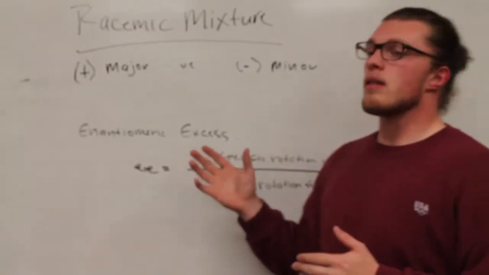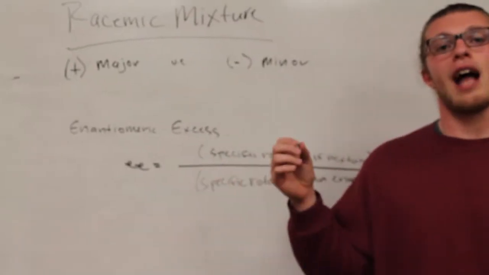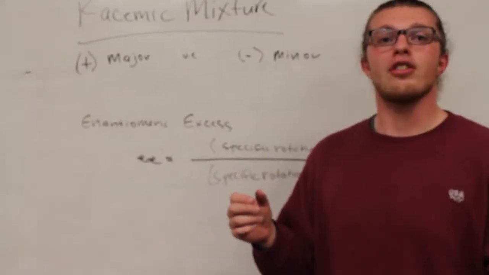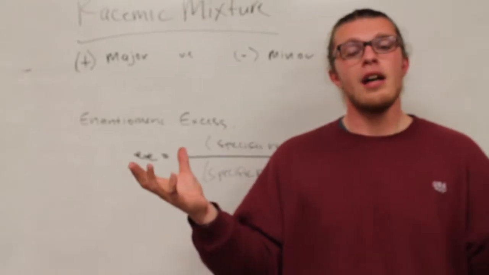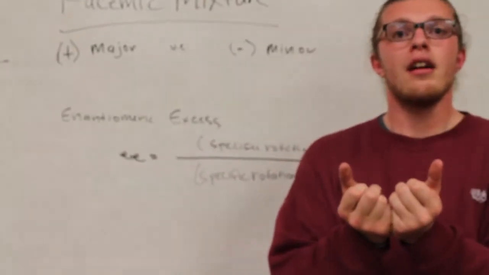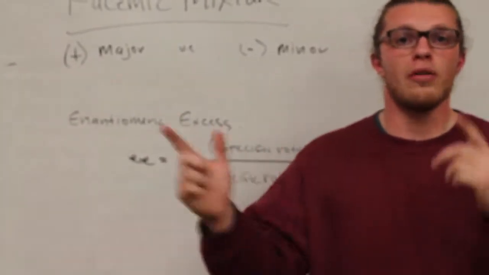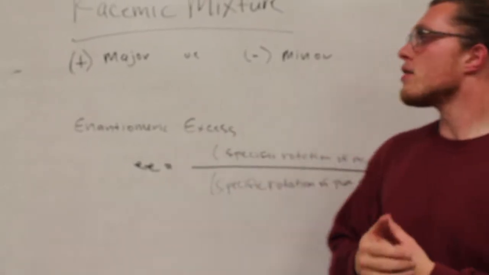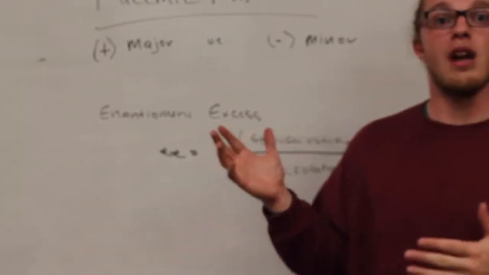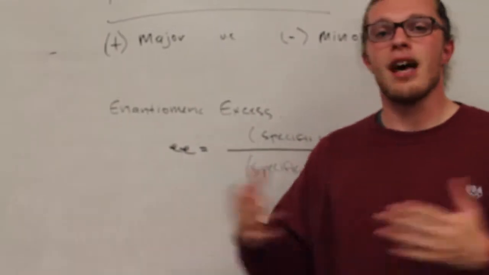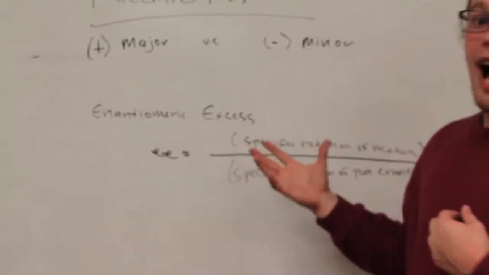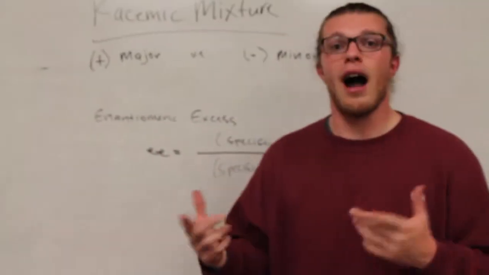So this idea of a racemic mixture basically says that you're going to have equal parts of major enantiomer and minor enantiomer, and when you put those equal parts together, they're going to cancel each other because each one rotates in the exact opposite way. So those cancel and you're going to be optically inactive. That doesn't sound really right because these are chiral, but because they cancel each other out, they are going to be inactive.